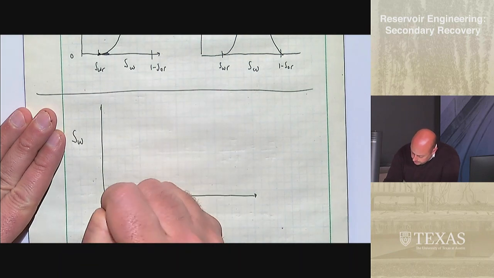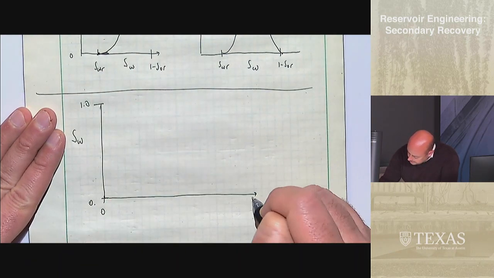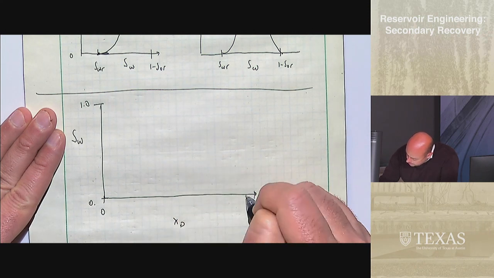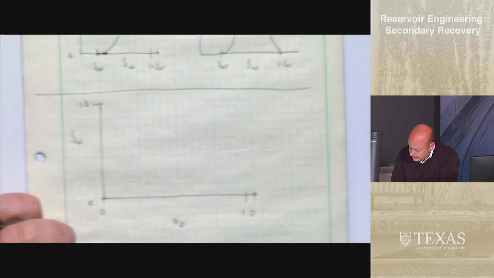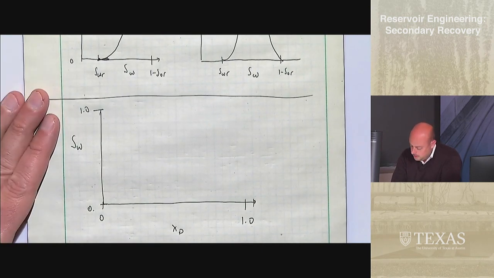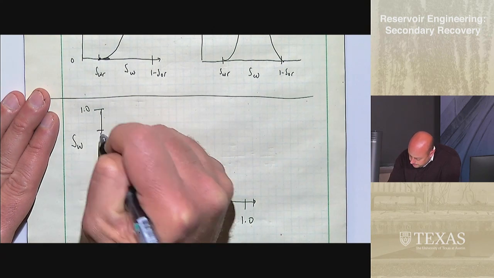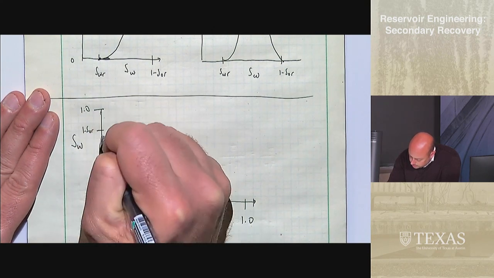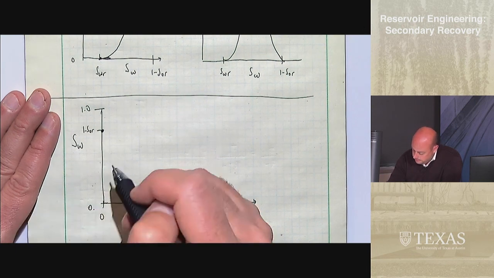Water saturation, 0, 1, versus xD, going to 1. And let's just choose some arbitrary time, tD1. This is 1 minus Sor. So even at the inlet where you've got 100% water flowing, you do have residual oil present in there.